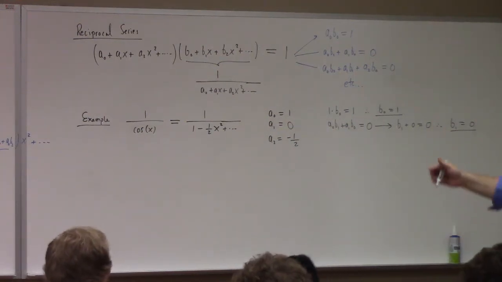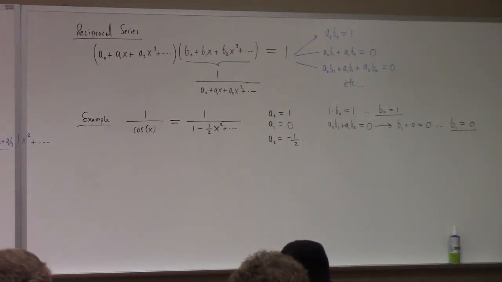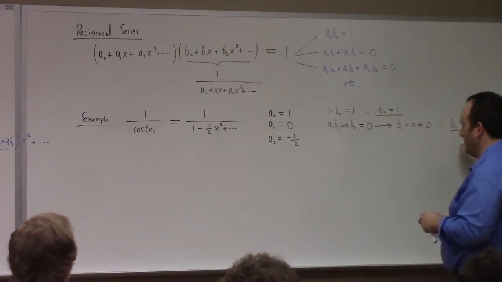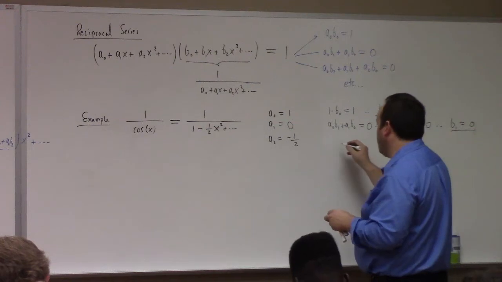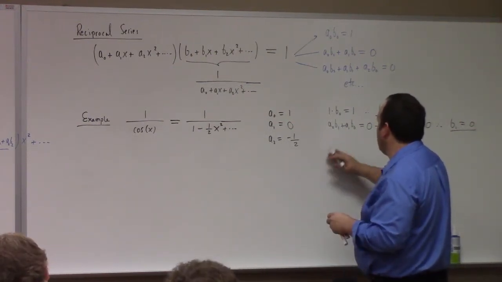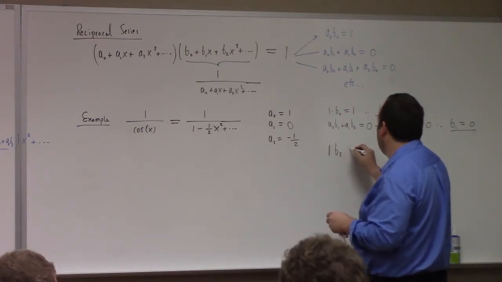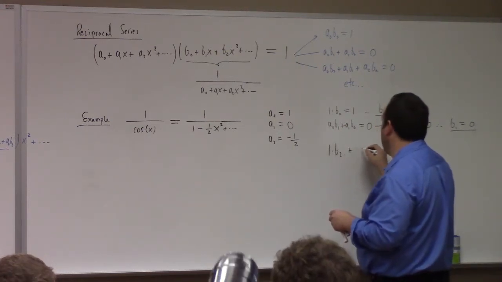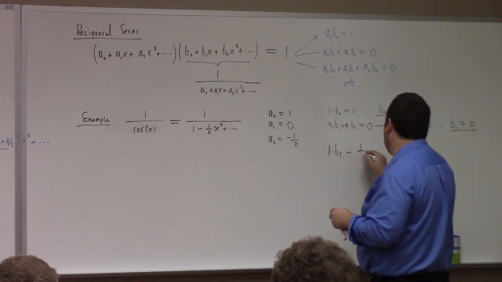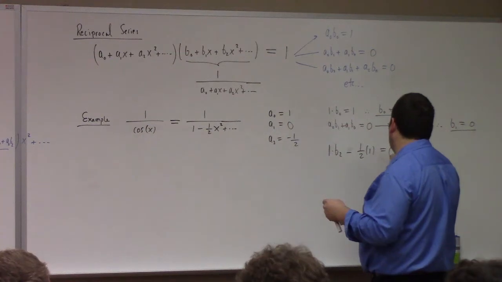Not surprising, 1 over cosine is an even function, so its power series should be a sum of even powers. So of course the odd term, which is paired with b1, is not there. And finally, let me just write it out here: 1 times b2 plus a2, which was minus 1/2, times b0, which was 1, is equal to 0.